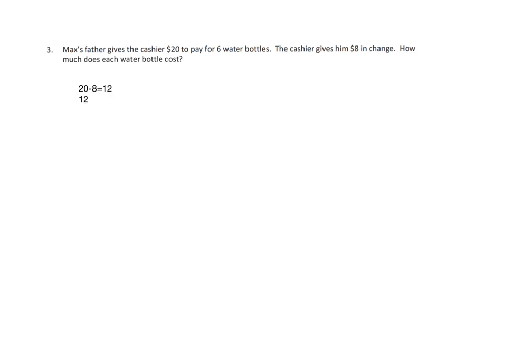So if we do 12 divided by 6, that will give us X, or the amount of money he spent on each water bottle. So we know 12 divided by 6 is 2. So each bottle cost $2.